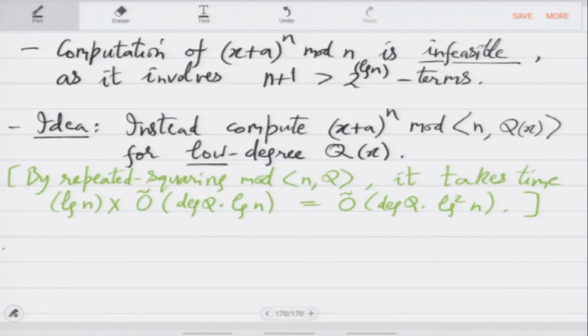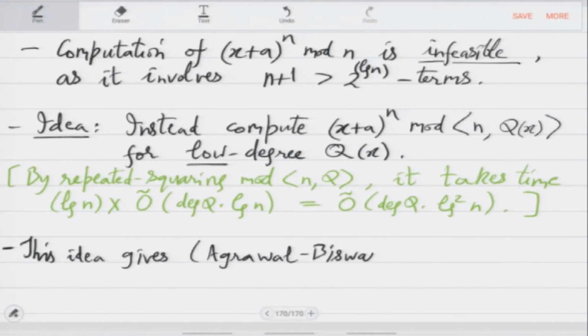So this idea gives the Agarwal-Biswas randomized primality test.